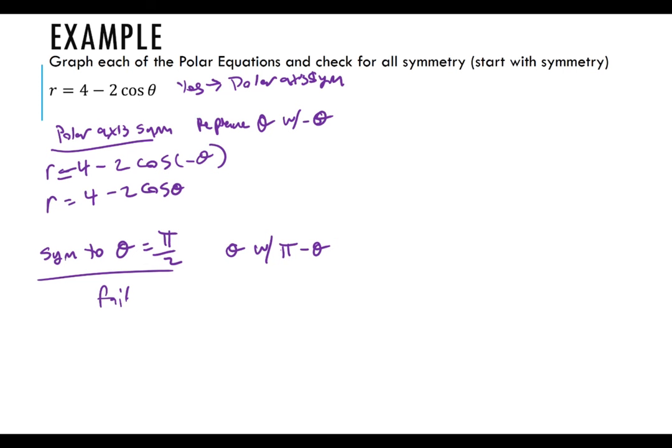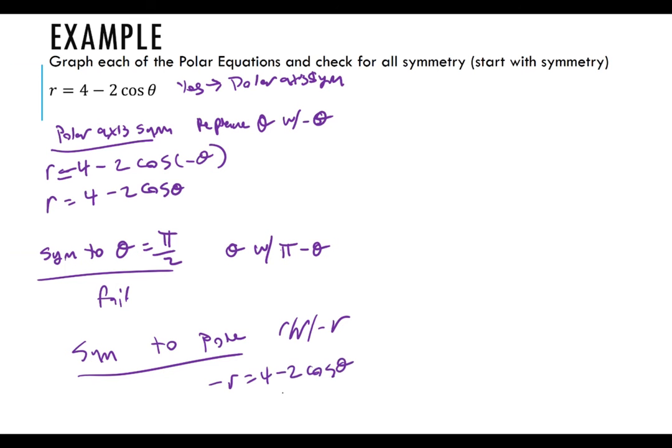And then let's do symmetric to the pole. And so symmetric to the pole is going to be theta plus pi. Symmetric to the pole is one of two tests. It's either r with negative r, but if you do r with negative r, we didn't do that one last time, we get negative r is equal to 4 minus 2 cosine theta, but if you divide by negative 1 on both sides, you cannot get the exact same equation, so it's going to fail again.